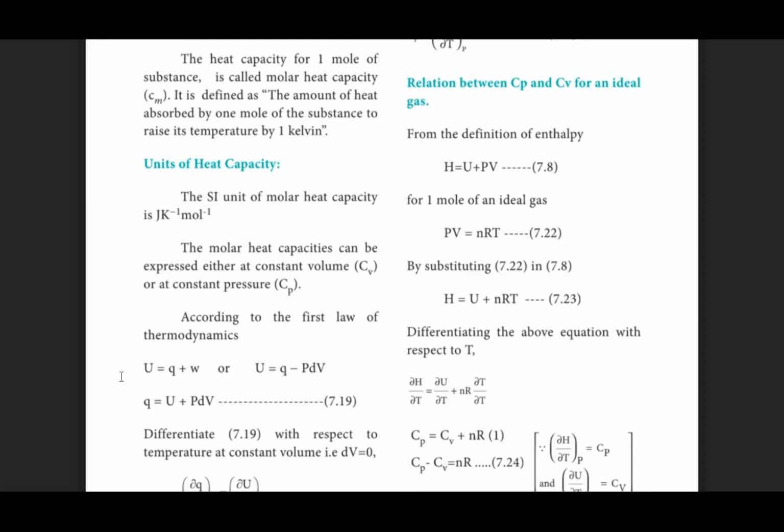The molar heat capacities can be expressed either at constant volume, that is Cv, or at constant pressure, that is Cp.